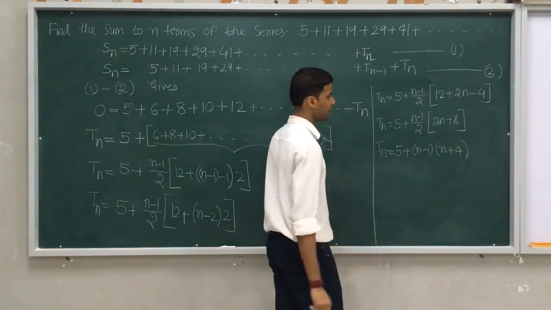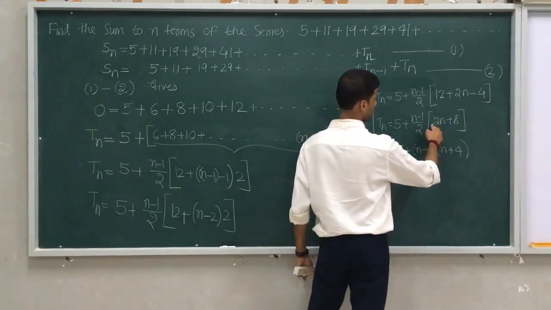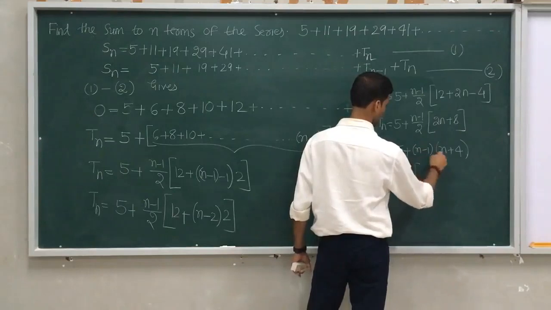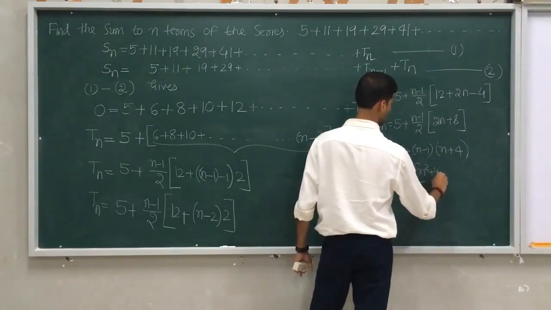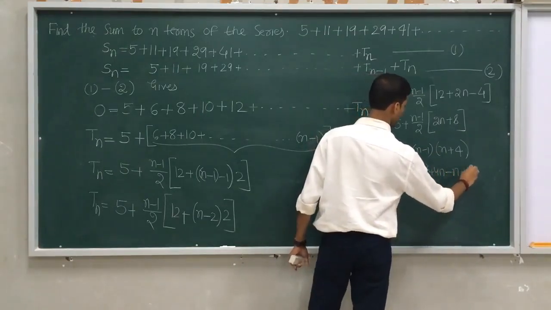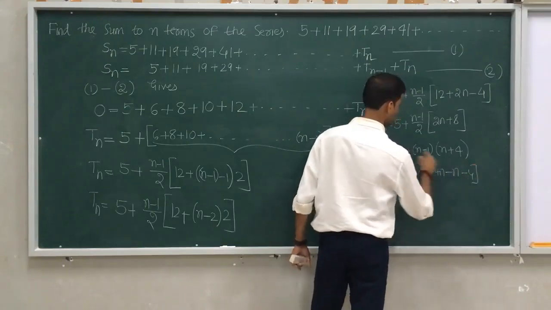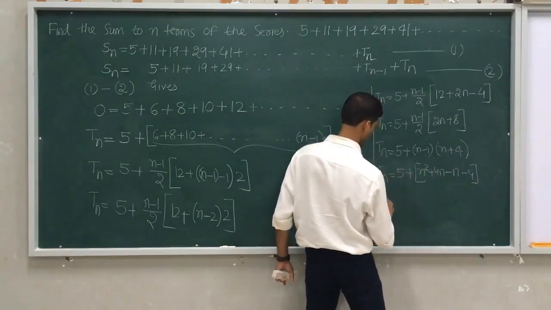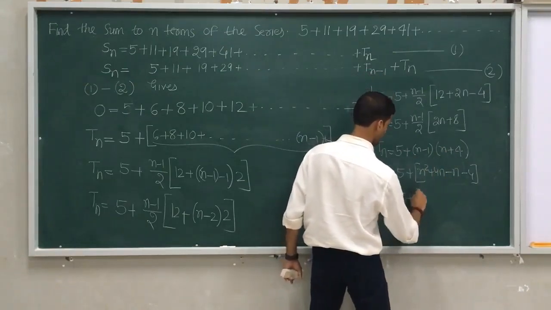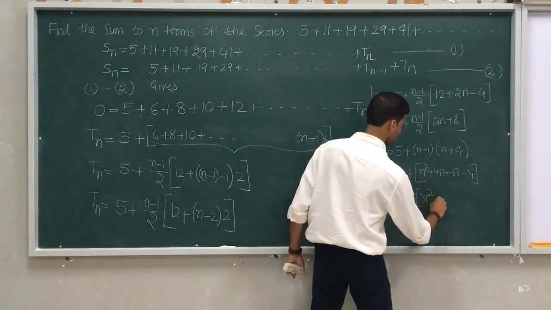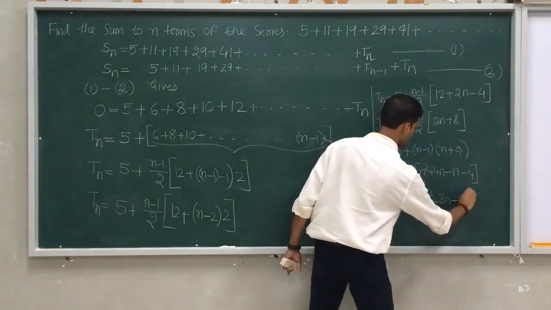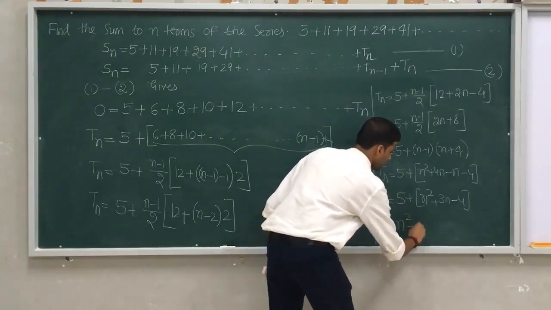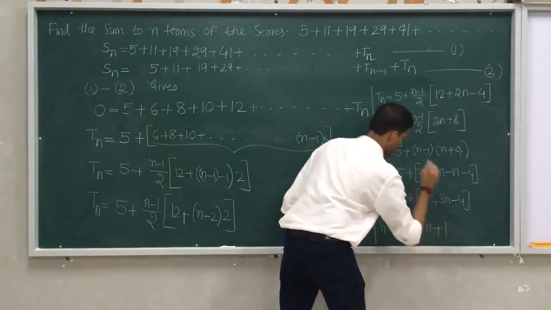So Tn is equal to 5 plus n square plus 4n minus n minus 4. So Tn is equal to 5 plus n square plus 3n minus 4. So Tn is equal to n square plus 3n plus 1.